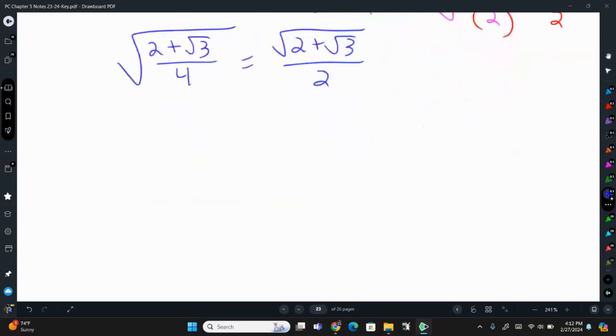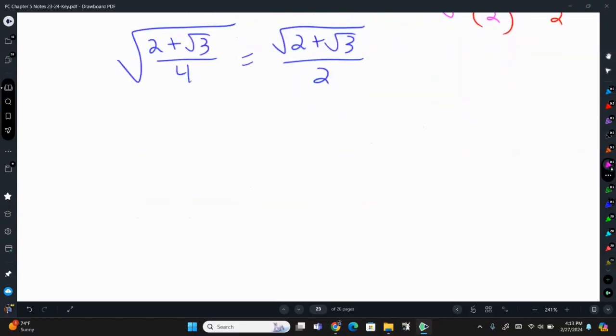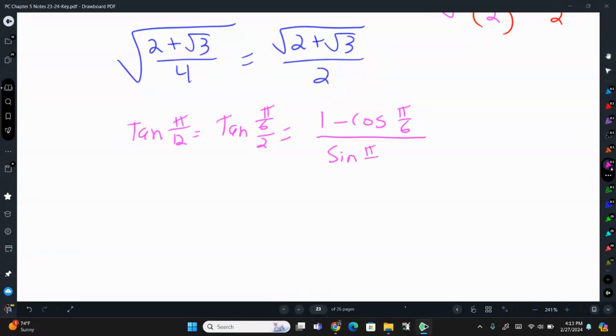All right, then finally tangent. The tangent of pi over 12 is equal to the tangent of pi over 6 over 2. So 1 minus the cosine of pi over 6 over the sine of pi over 6.